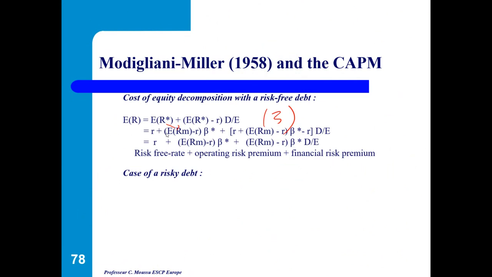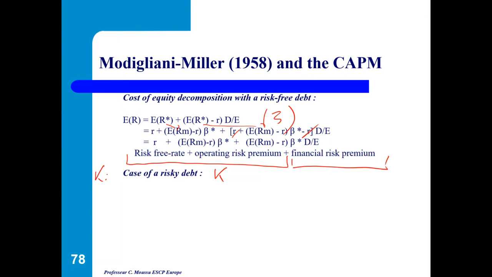I use the beta, the CAPM, and then I use the CAPM here, and then it simplifies so that you finally have three components. So in the cost of equity, you are able to disentangle the risk-free rate, the operating risk premium, and the financial risk premium. And of course, this would be the cost of capital of the firm, and this would be the additional part.